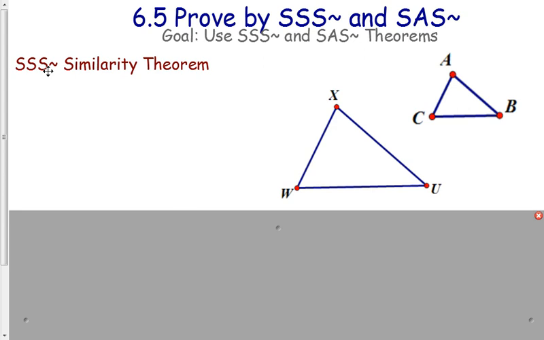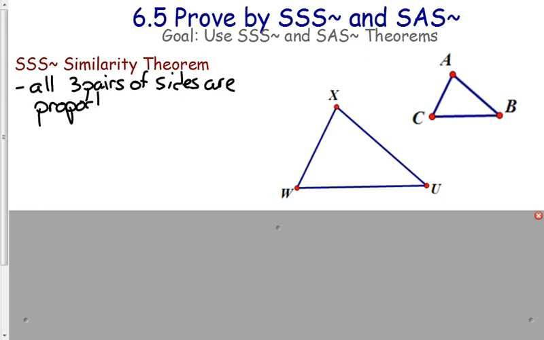So the first one, side, side, side, similar. This means that all three pairs of sides are proportional. So looking at this triangle, what we're going to do is match up.